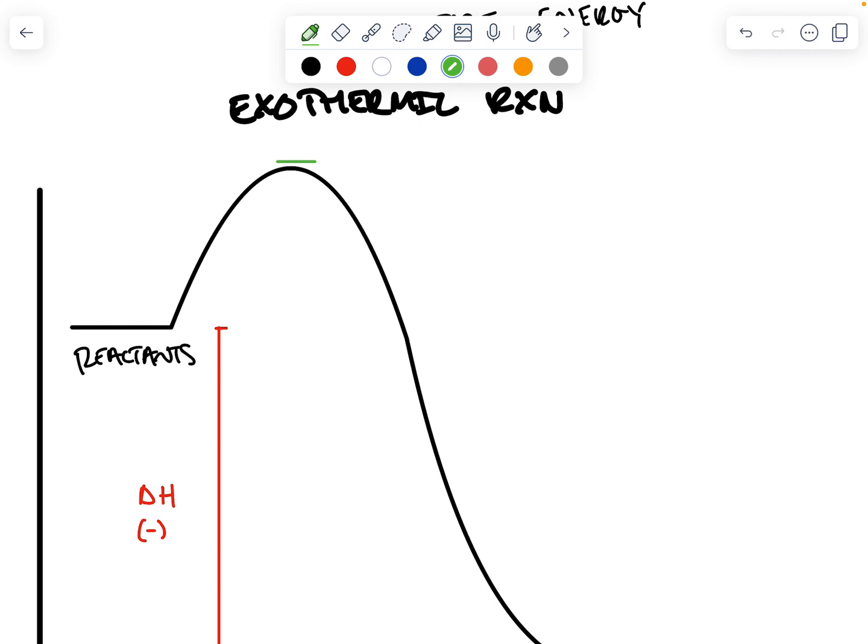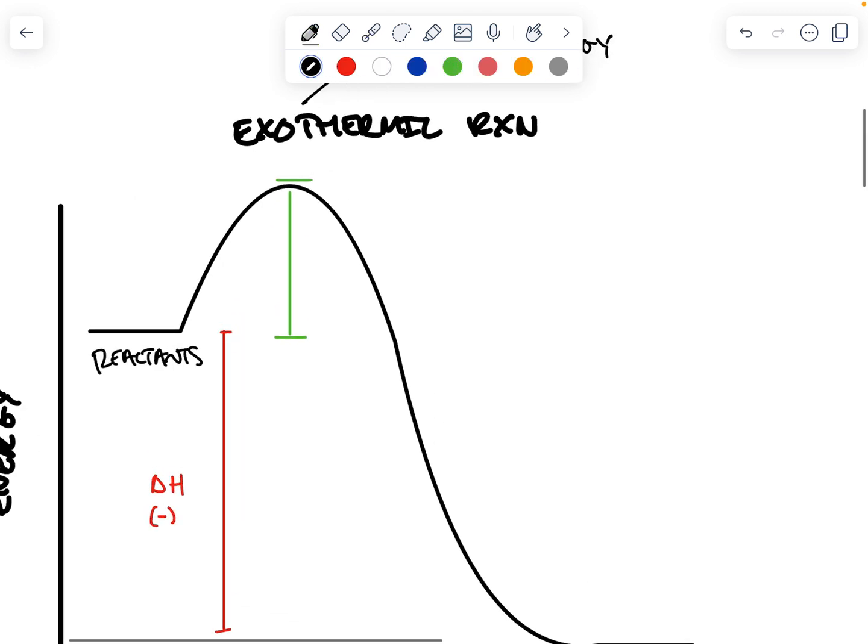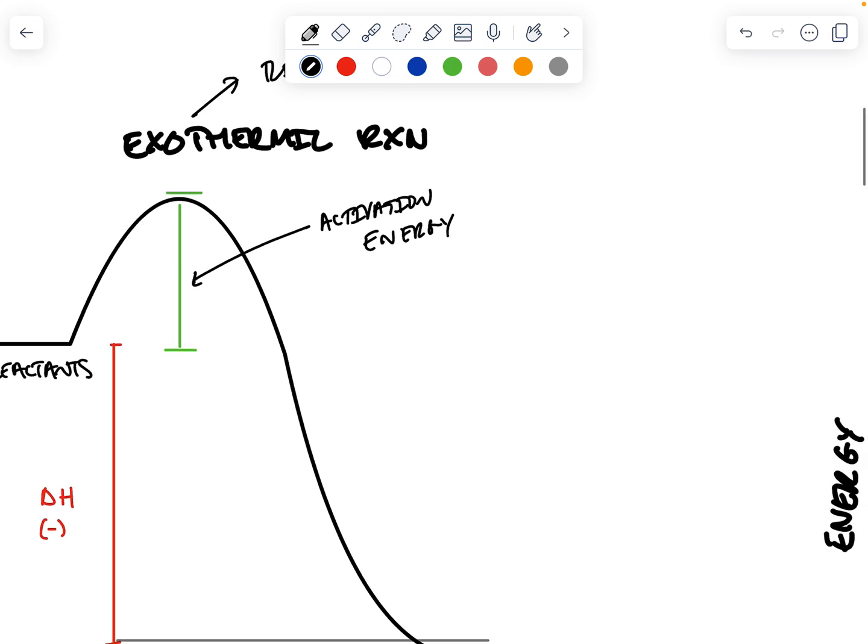If you go from the peak of this curve down to the initial energy of the reactants, this is measuring our activation energy. It's the amount of energy required to get a reaction started.